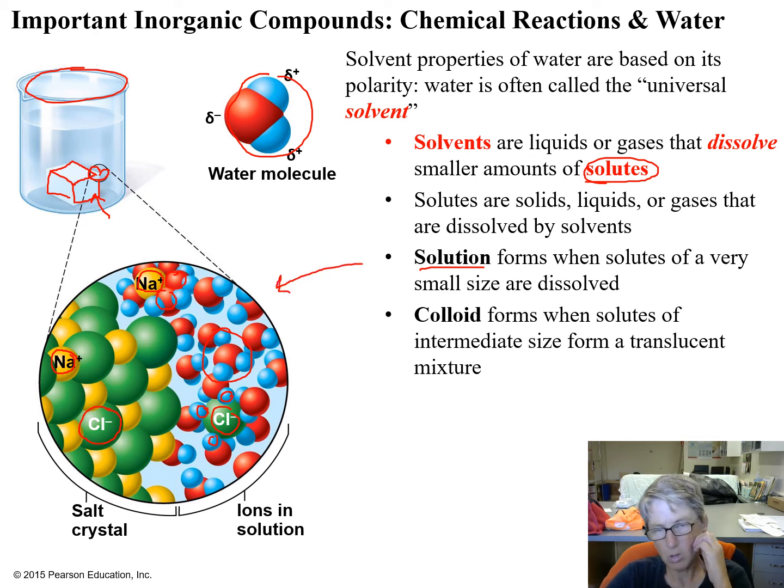If you have a solute that's a little bigger, an intermediate size solute, and it dissolves, it's called a colloid. It's more translucent, so you can't exactly see through it. My favorite colloid, mayonnaise.